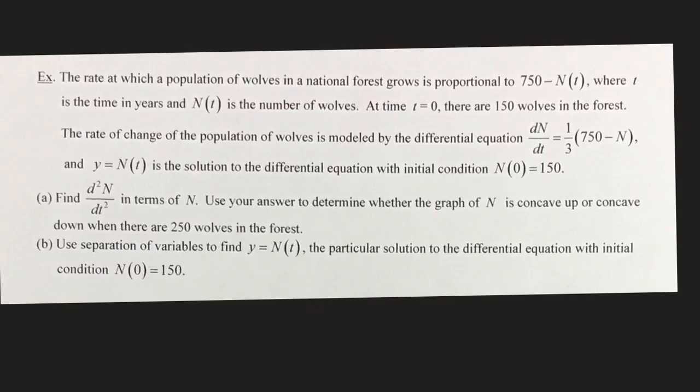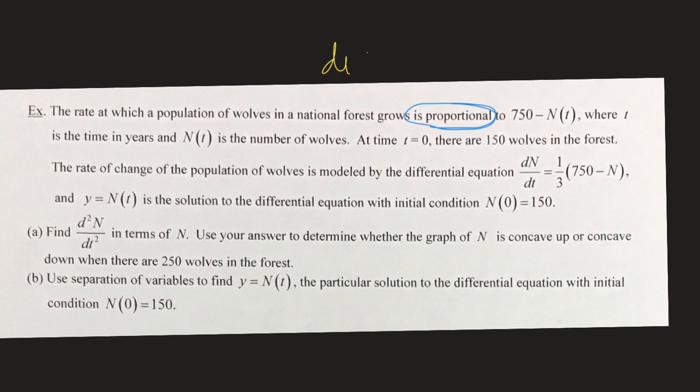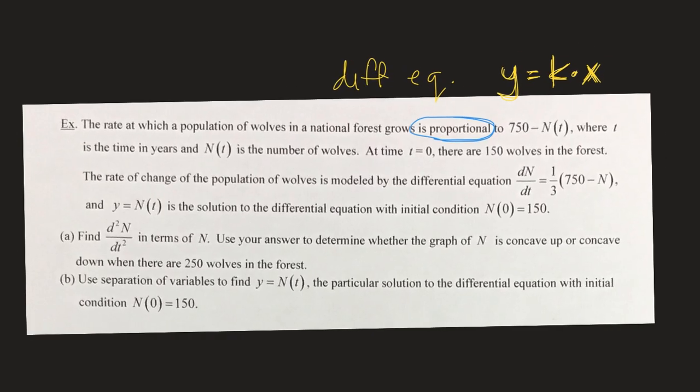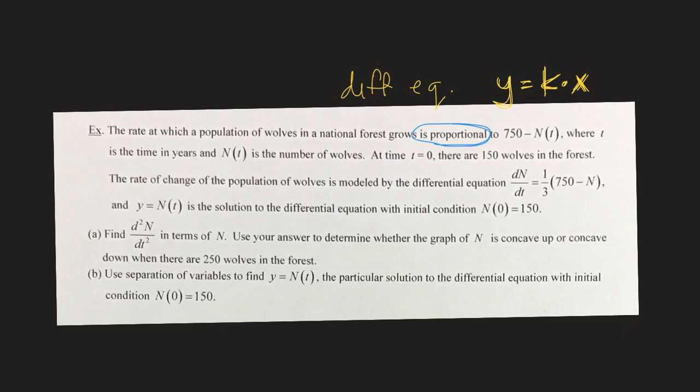Okay, and it tells us that the population of wolves grows proportional. So whenever we think proportional, you need to think differential equations. y equals k times x, right? Proportional means that as x increases, y will increase also at this proportionality rate of k, which we don't know just yet.